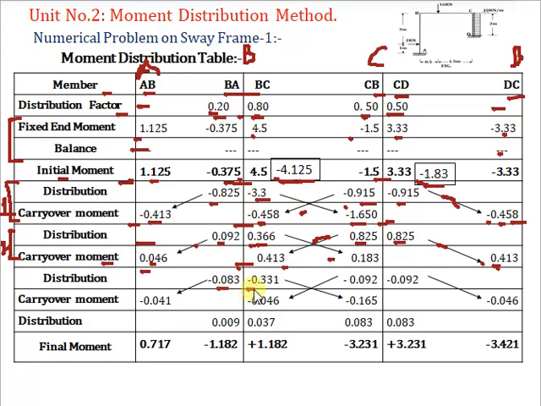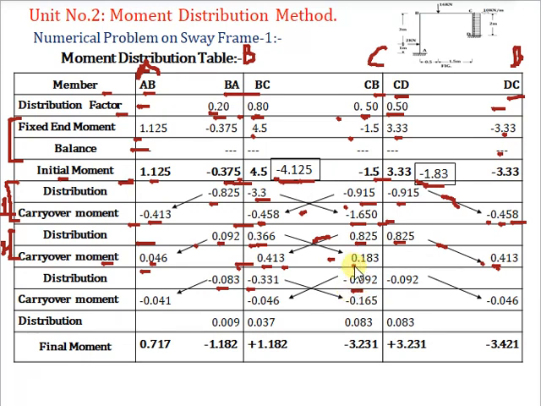Distribution moment for BC is distribution factor BC into correcting moment minus 0.413, which is minus 0.331.